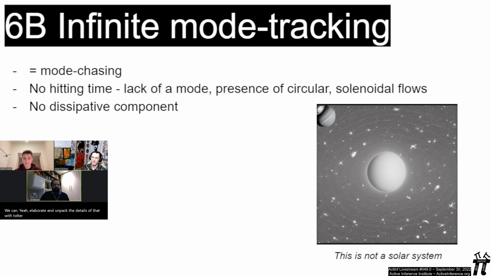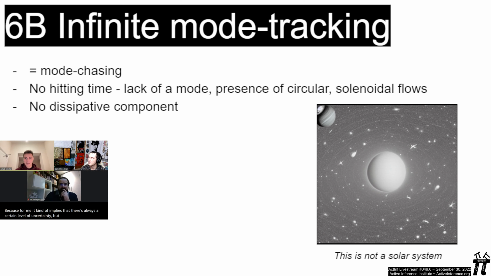Great. Jakob. I would just add to the infinite mode tracking case one very interesting thing that Dalton mentioned in the paper: when you have a constant path that you're performing the infinite mode tracking on, the surprisal of your states is always non-zero, which I find really interesting because it implies that there's always a certain level of uncertainty.